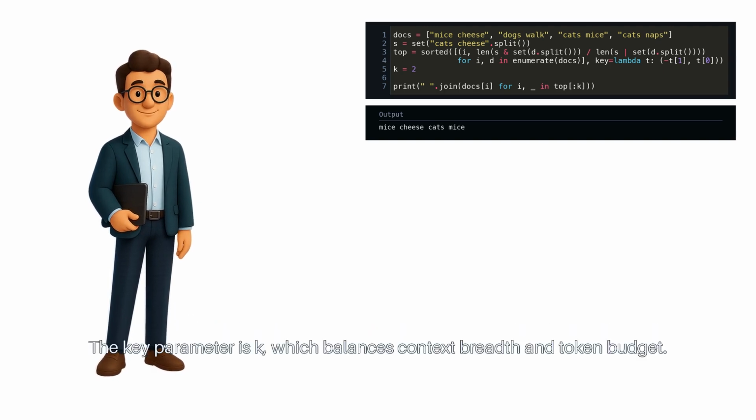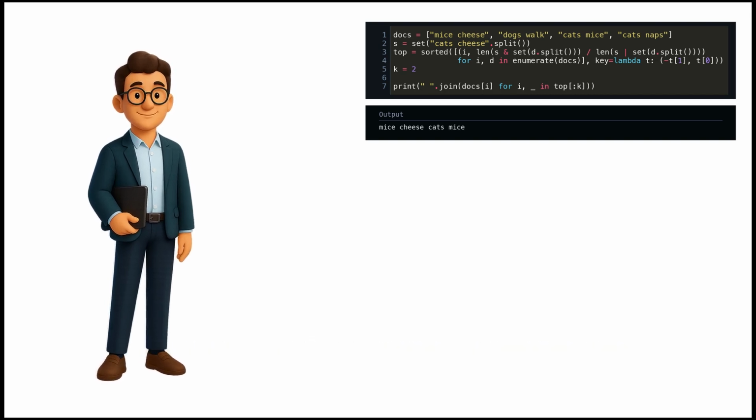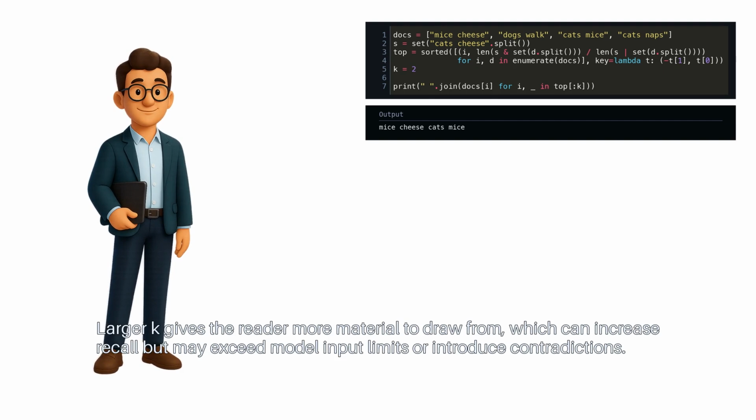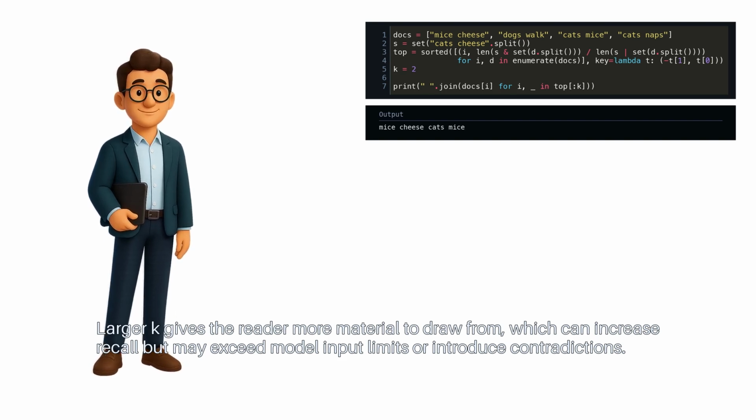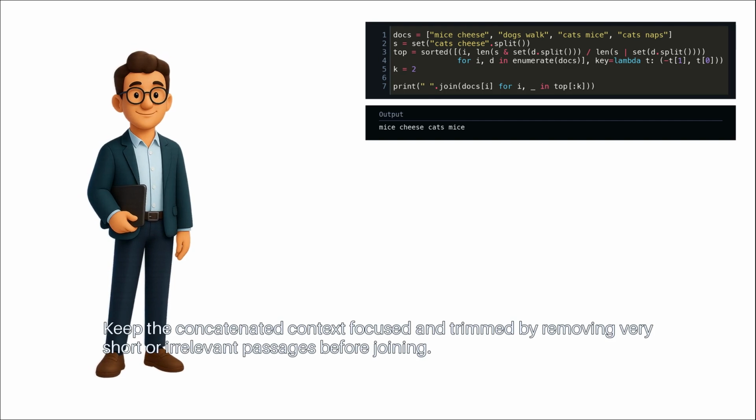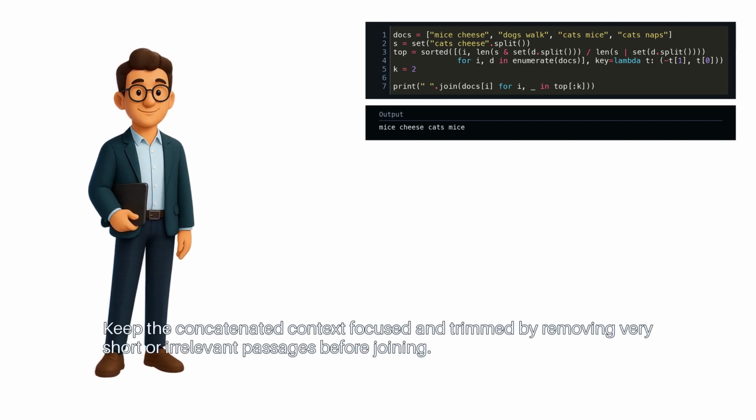The key parameter is K, which balances context breadth and token budget. Larger K gives the reader more material to draw from, which can increase recall, but may exceed model input limits or introduce contradictions. Keep the concatenated context focused and trimmed by removing very short or irrelevant passages before joining.